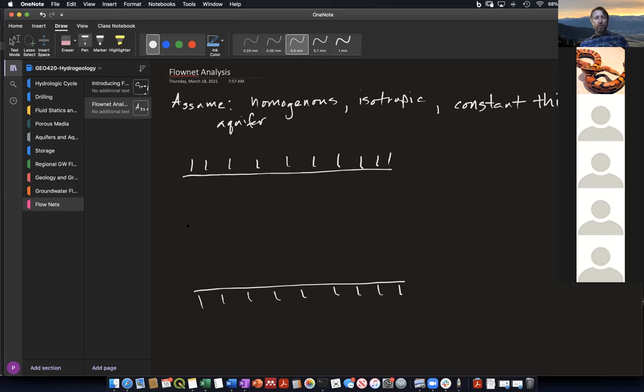And we have flow. Here is our first head contour, H1. Here is our last contour, H2. And H1 is greater than H2, so flow is going in this direction.